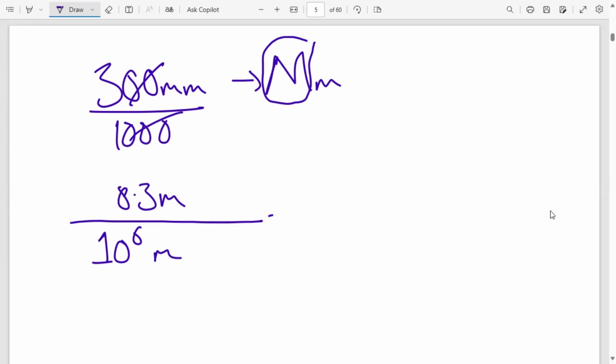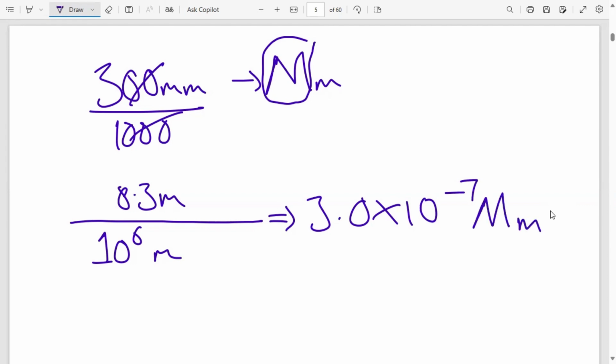And we're going to have, let me just punch on my calculator. Okay, so I'm getting 3.0 times 10 to the power minus 7 megameters as my answer.